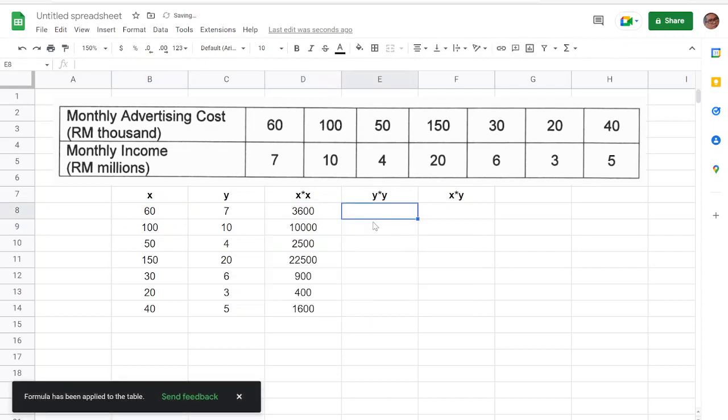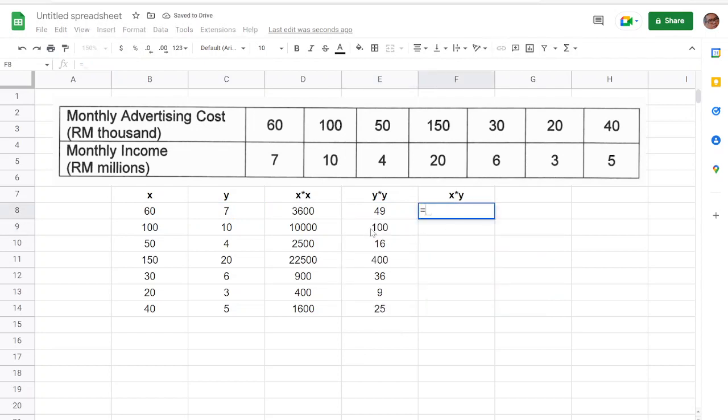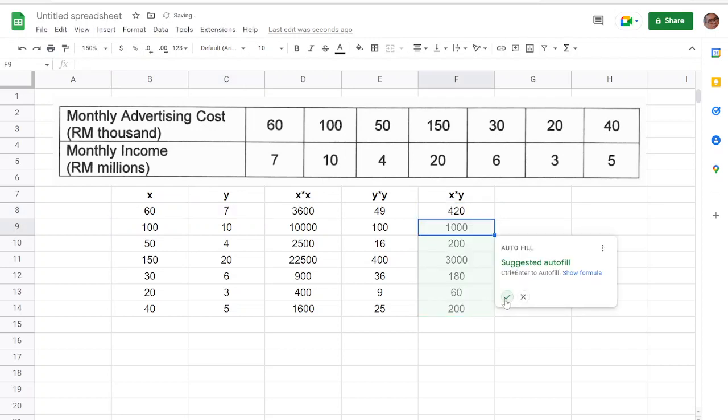And then the second one is just simply equal to Y times Y to get the Y squared. And then finally you have equal to X times Y. Right?